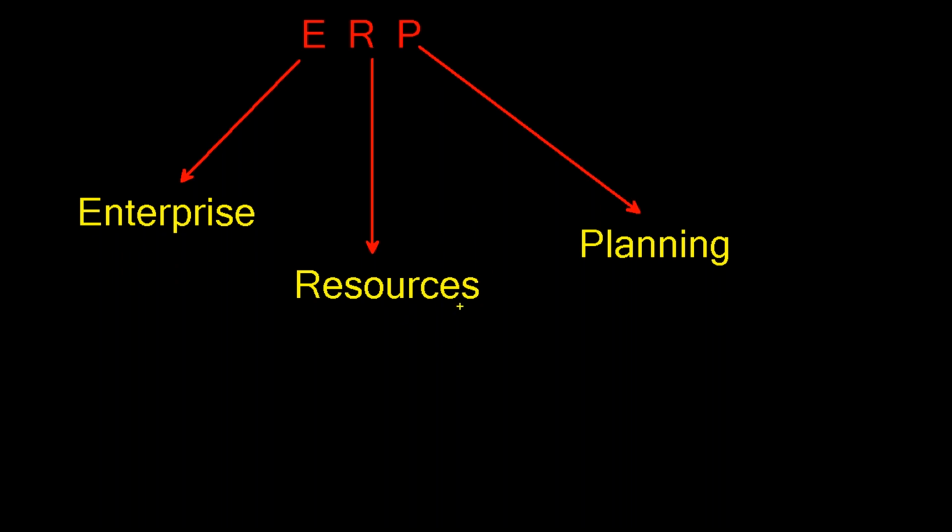Resources means the funds, the inventory, the manpower, the plant. All these things come under resources. The business resources, how to plan them, how to plan all the resources, that is planning.